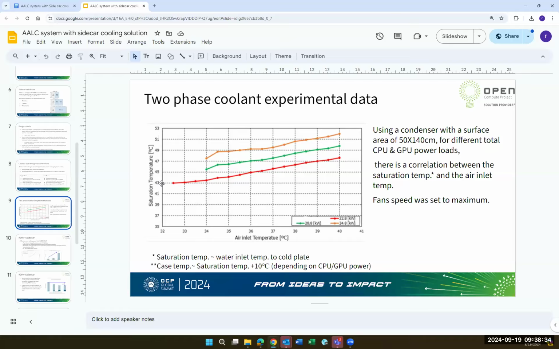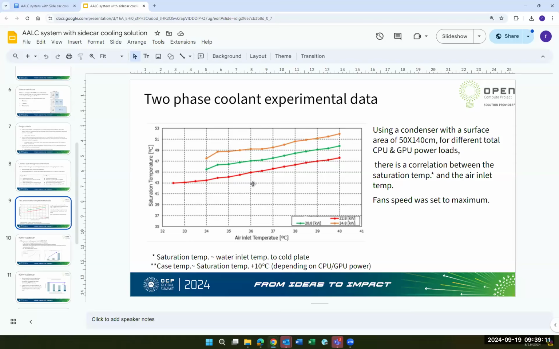Otherwise you are comparing the performance of two rear door heat exchangers from the commercial point of view, and not the technology. If you want to compare the technology, you have to compare the heat transfer of the refrigerant versus the water, but for people it will not be very interesting because it's only one number.